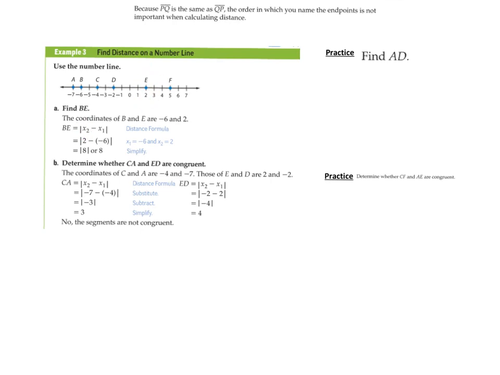So the second term minus the first term, absolute value of that. 2 minus -6. Folks, as you may recall, a negative and a negative make a positive. So we have the absolute value of 8, or simply 8, once we simplify, indicating that the distance between -6 and +2 is 8.